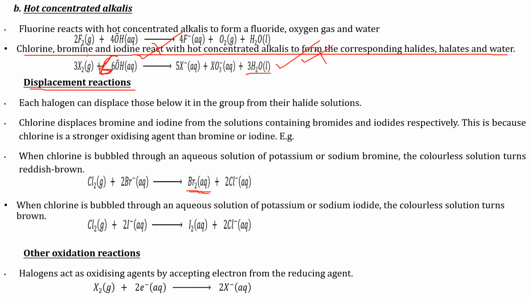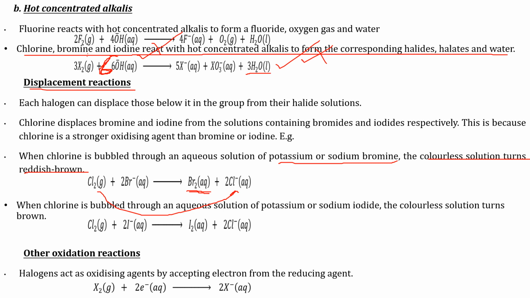So bromide ion gets oxidized to bromine as a liquid. That's why we're putting it in aqueous. And after oxidizing, chlorine gets reduced. That's why we are saying that when chlorine is bubbled through an aqueous solution of potassium or sodium bromide, the colorless solution turns reddish brown.